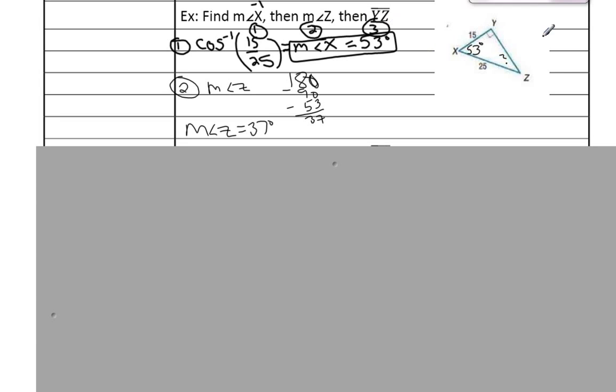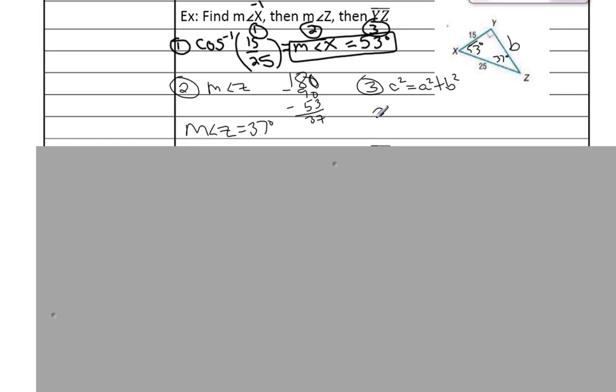And then for the last step, I'm looking for side YZ, given 2 out of 3 sides of a right triangle. So that means I get to use the Pythagorean theorem. So for step 3, I would do c squared equals a squared plus b squared, or I will call this b, the missing side.